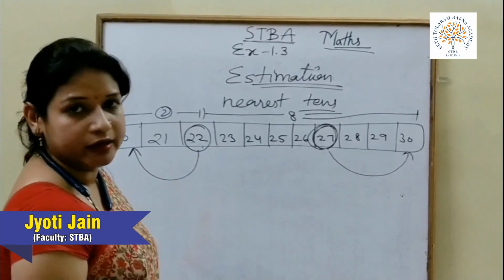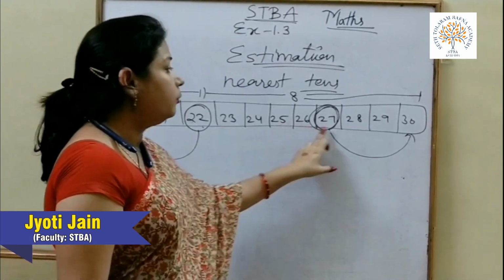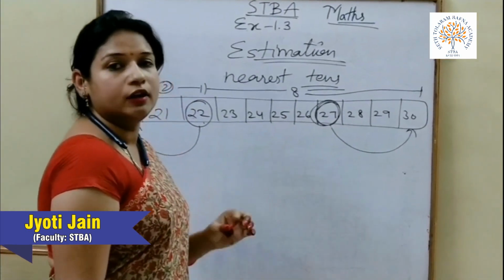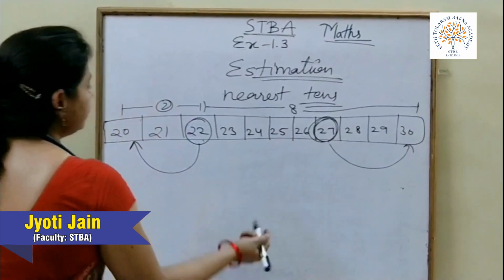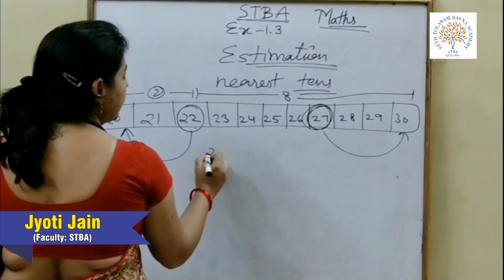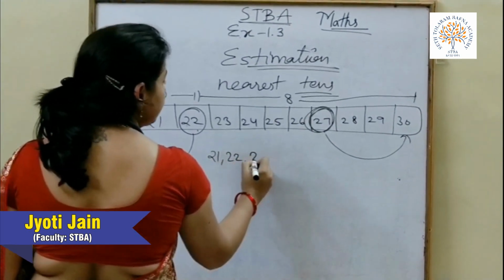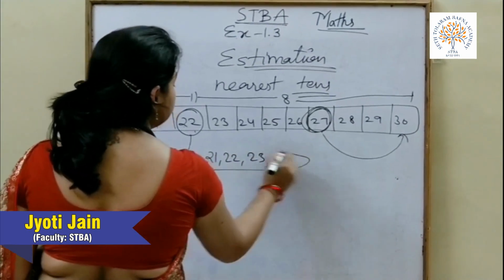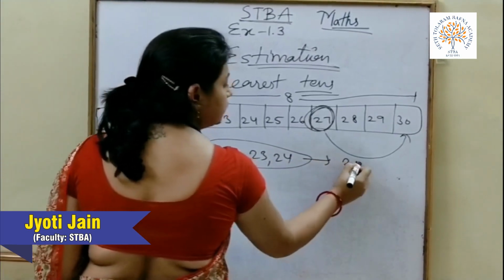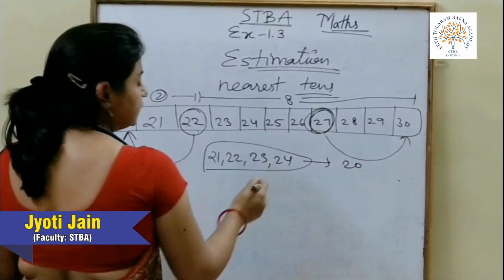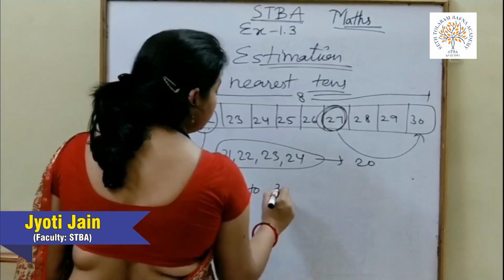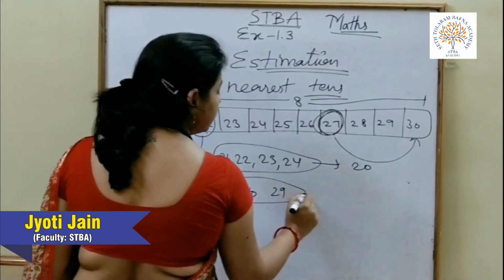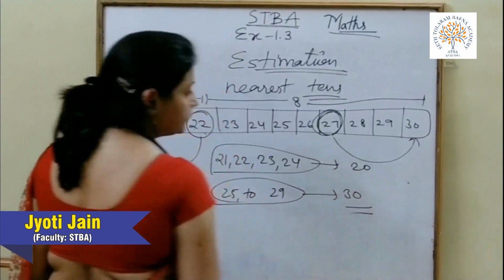And if the ones place digit is 5 or more than 5, the number will be rounded off to the next tens. So for 21, 22, 23, 24, they all will be converted into 20. And 25 to 29 will all be converted into 30.